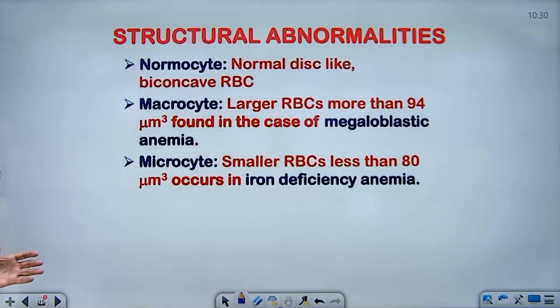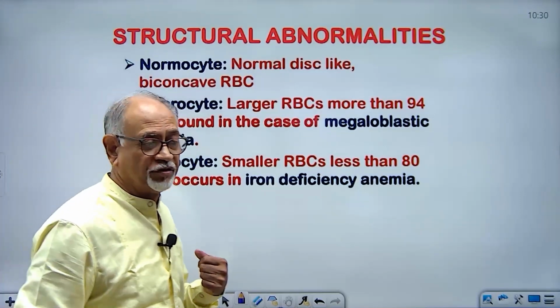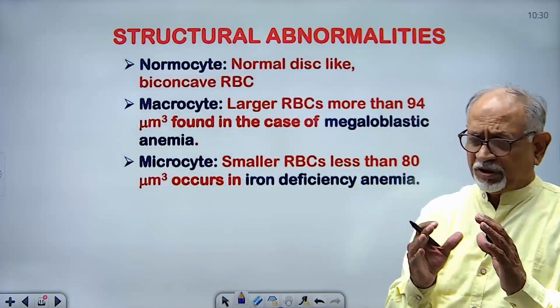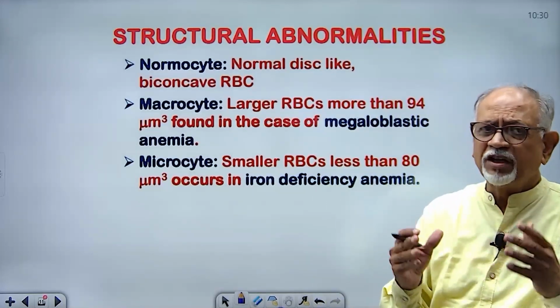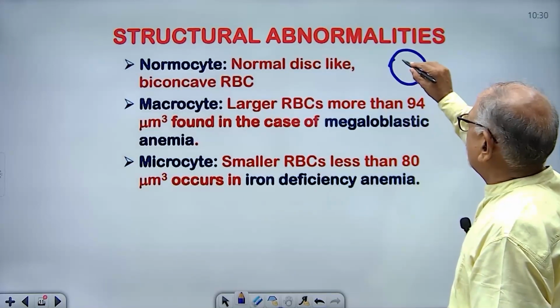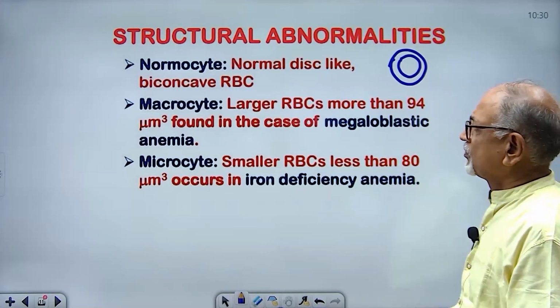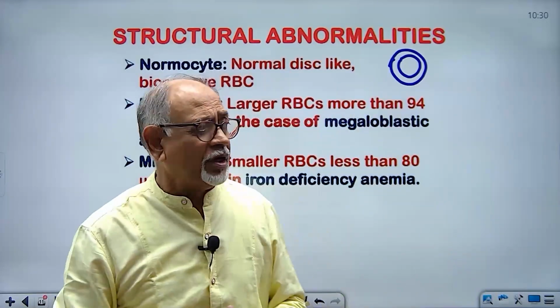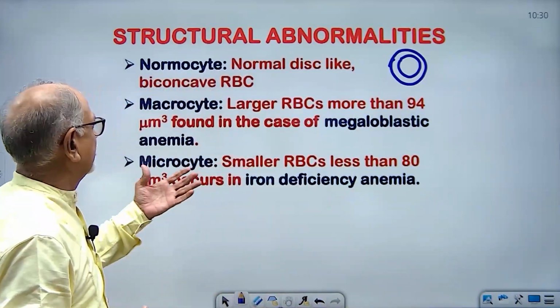Now, structural abnormalities. A normal RBC with disc-like shape, biconcave shape, is called a normocyte. It is biconcave, anucleated, and disc-like.